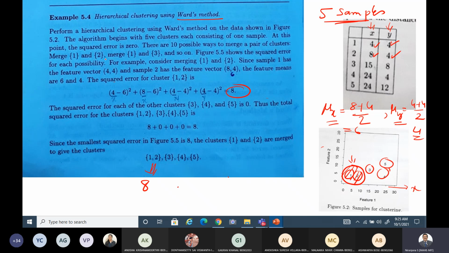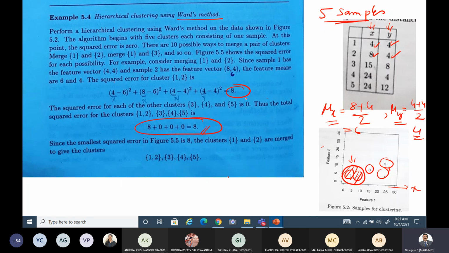Okay, error is 0. That's what you can see. Even they have shown here. If you calculate, it could be 0. So you find the error for each cluster, right? Then you add them. That gives the total squared error, and the total squared error here is 8.